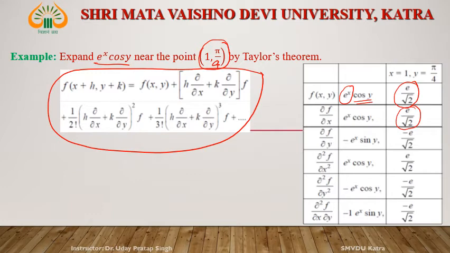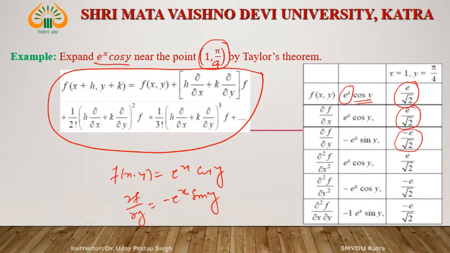Now dou f by dou y. Differentiate this function, fxy is equal to e to the power x cos y. Now what is dou f by dou y? Dou f by dou y is equal to e to the power x, derivative of cos y is minus sin y. Okay. Then this is minus e to the power 1 sin pi by 4. That is minus e by root 2.